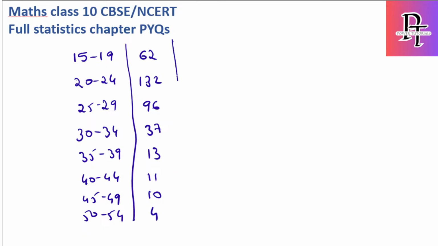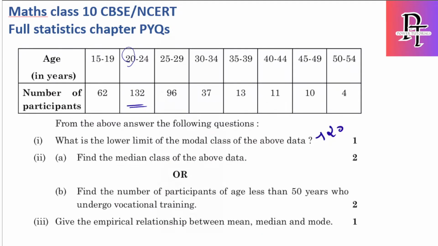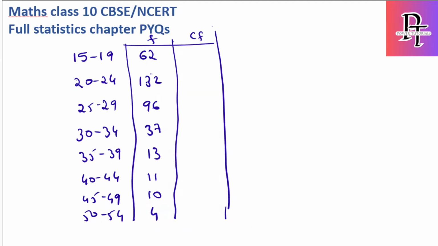Okay, so these are the f values, that is frequency values. For median, we need to write the cumulative frequency values as well, which means you keep on adding all those values.